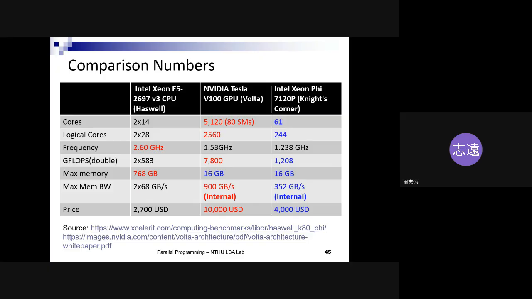However, the drawback is that the size of the memory becomes smaller. For CPU, our host memory can easily go to hundreds of gigabytes or a couple of terabytes, but for GPU, even with the latest technology, it is less than 100 gigabytes. So the amount of data that can be stored temporarily on the card is limited.